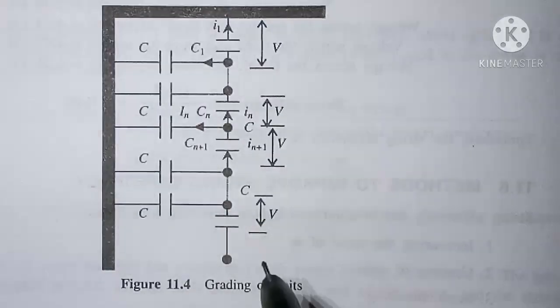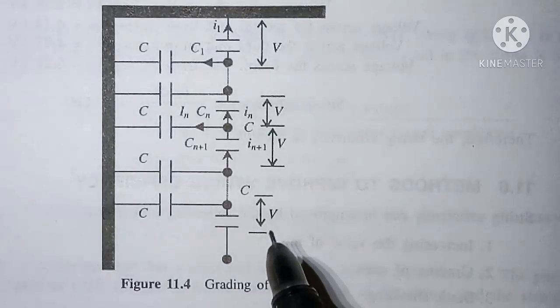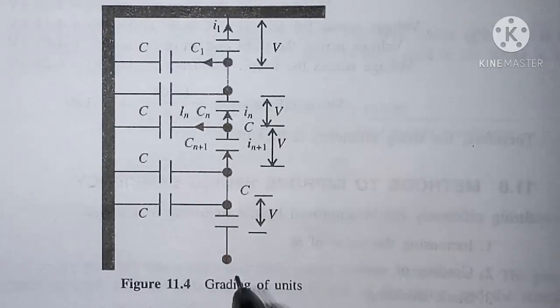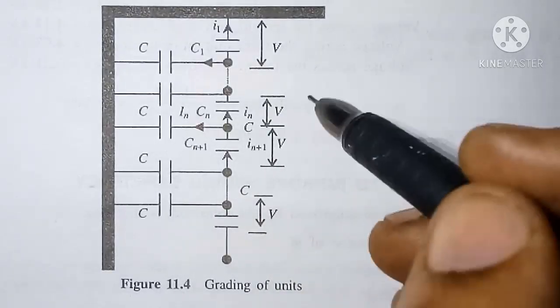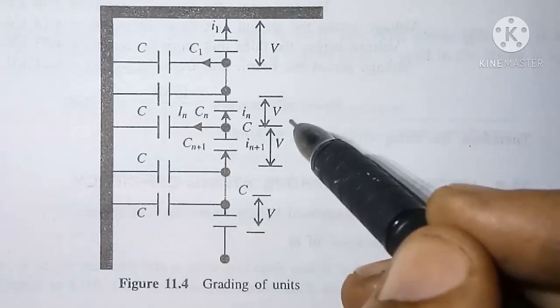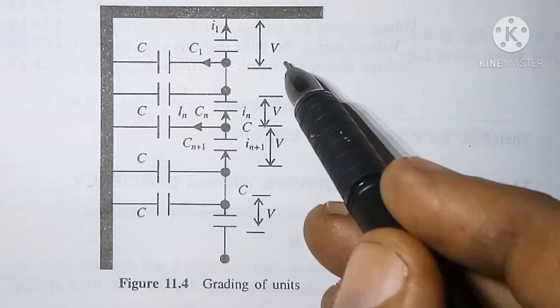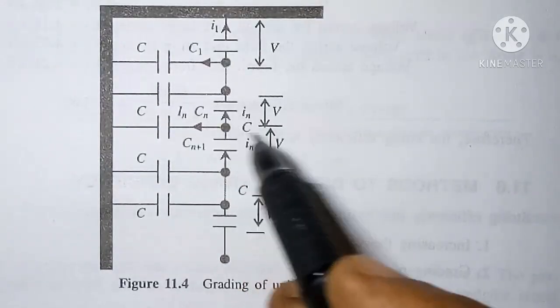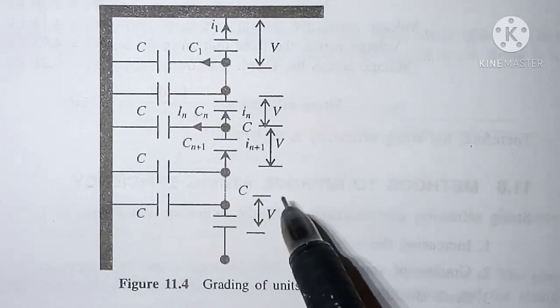Let us consider the string insulator here with the different units replaced by their equivalent capacitances. And also let us assume that here the units are graded for equal voltages across them. That is why voltage across first unit, voltage across nth unit, voltage across n plus 1th unit are all equal.